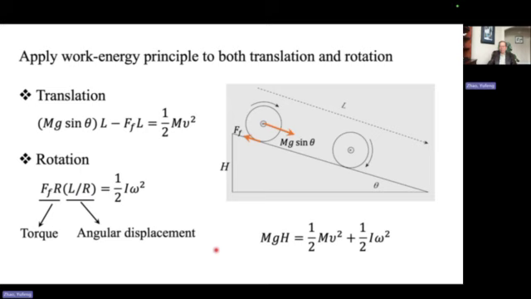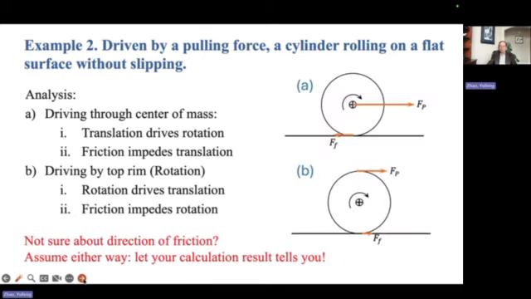So we can see that in this problem, the friction force does work on the cylinder, but the mechanical energy is still conserved. Okay, this is the first example. In the second example, we will see how the direction of the friction changes dramatically with the circumstance.